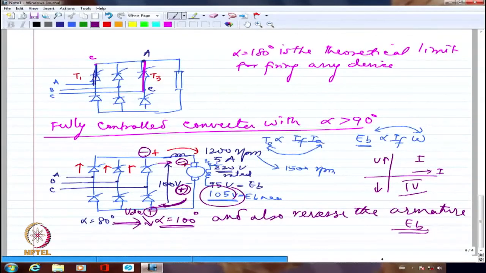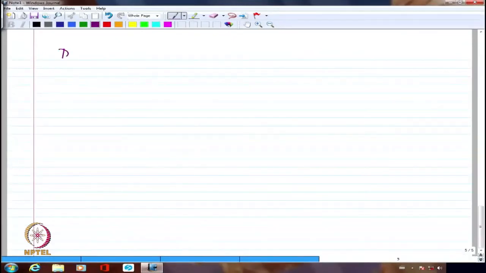So we will generally never use a semi-controlled converter in applications where we are looking for regeneration, whereas we will normally use a fully controlled converter if we want to save on cost. If you don't mind spending a little bit more money, we'll go for something called a dual converter.